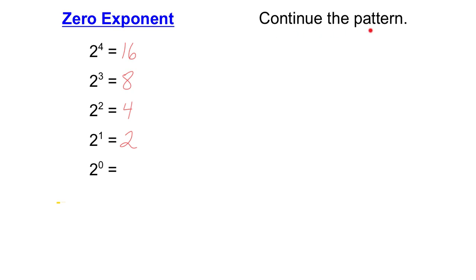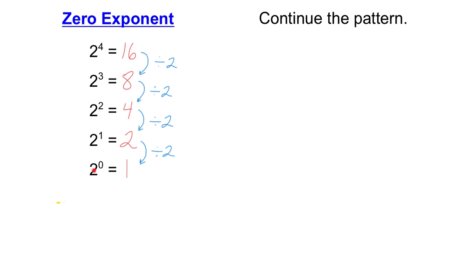So let's continue the pattern that we see here to figure out what the answer should be. So what's the pattern? Every time I reduce my exponent by 1, my answer gets divided by 2. Now if I kept that pattern going, what would be the answer here? 2 divided by 2 is 1.